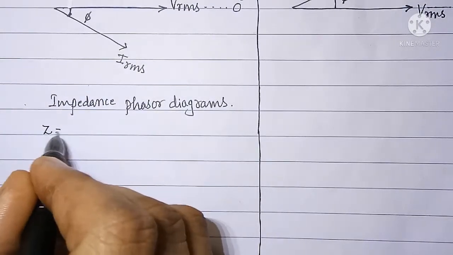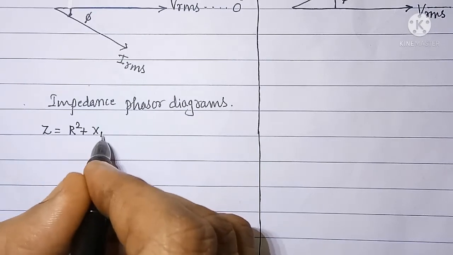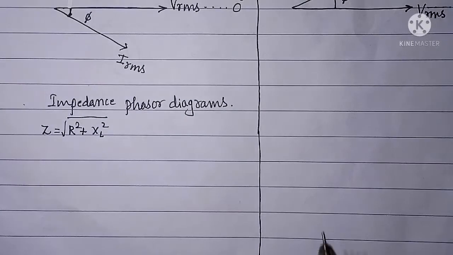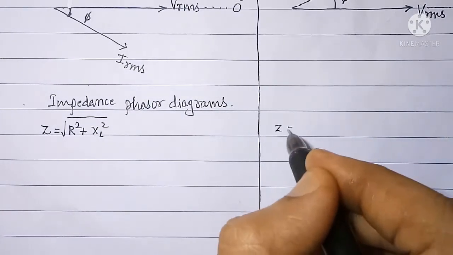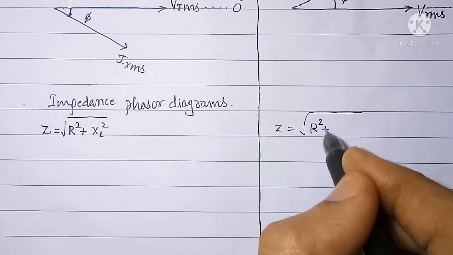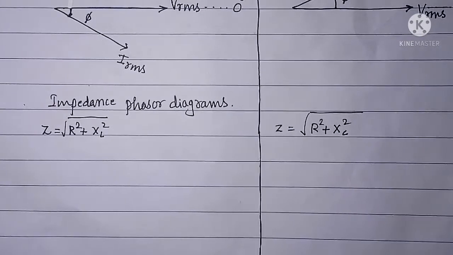We have Z equal to under root R square plus XL square in inductive circuit, and Z equal to under root R square plus XC square in capacitive circuit.